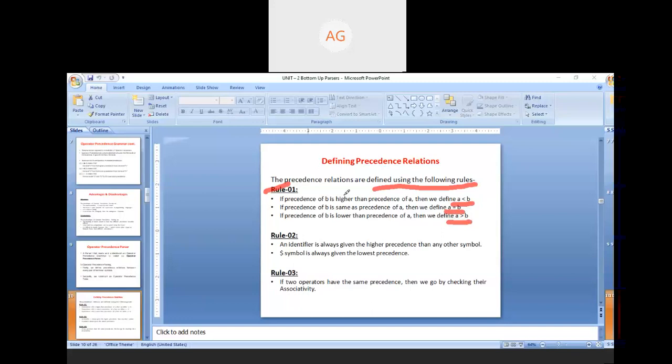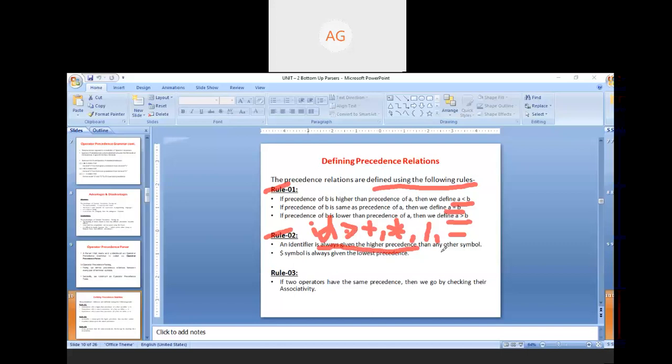So according to rule number 1 there exist three conditions, and according to rule number 2, the first point is that an identifier is always given higher precedence than any other symbol. Identifier means ID. So ID always has higher precedence than any of the operators, like ID is greater than plus, into, divide, minus.